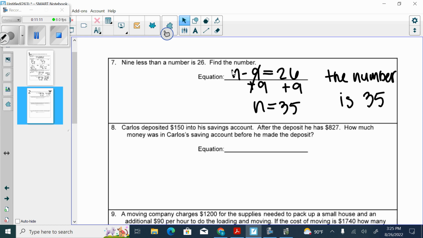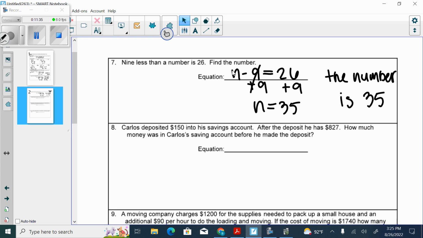Does that mean he put money in or took money out? He deposited. Right, deposit means to put it in, right? So that means he's adding or subtracting money? Adding, right? Do we know how much was in there to begin with? No. So we have some unknown amount, and he added the 150 to it.